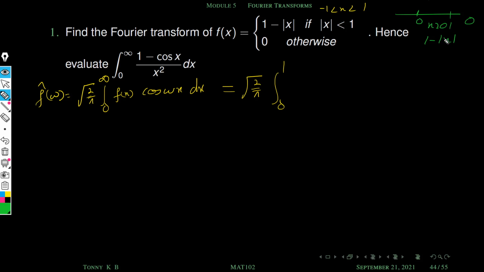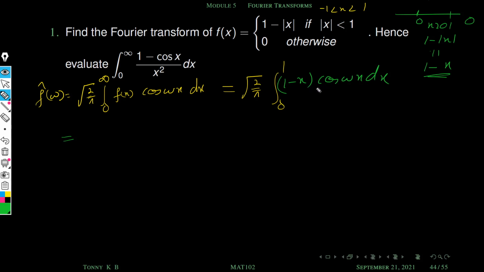Clear? Since x is positive, mod x is the same as x. So over the interval 0 to 1, our 1 minus mod x becomes 1 minus x, into cos omega x dx.